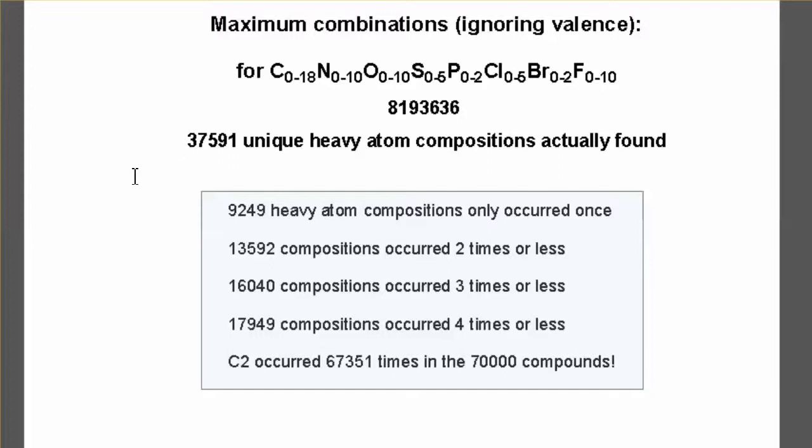And if you look at how many times each was found, most of them occur very infrequently. So, for example, about 40% of the compositions occur less than 4 times. Now, the most any heavy atom composition occurred was C2, which is ethyl or ethylene, which occurred 67,000 times in the 70,000 compounds.